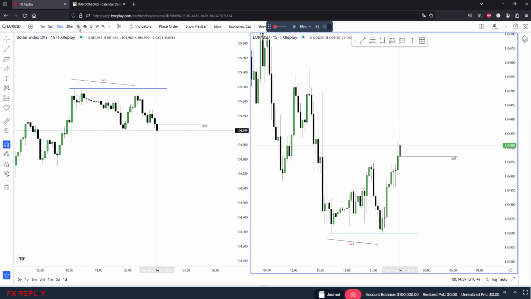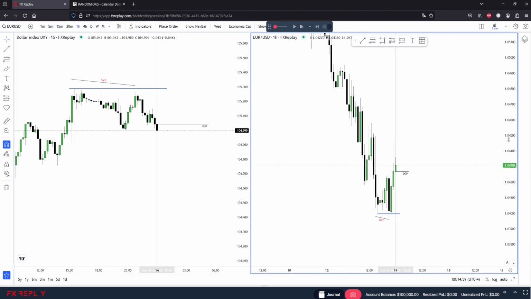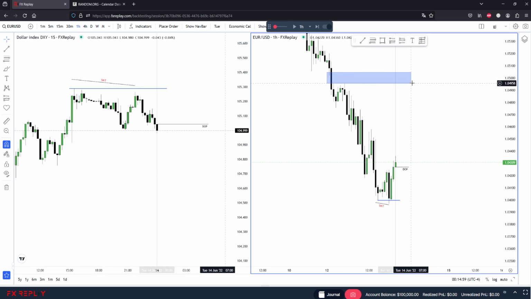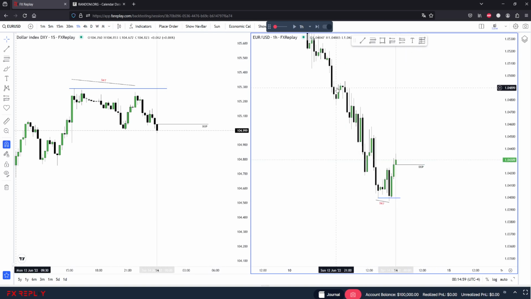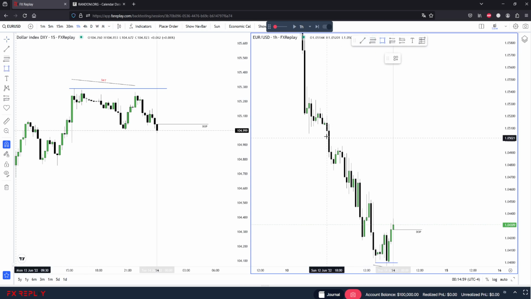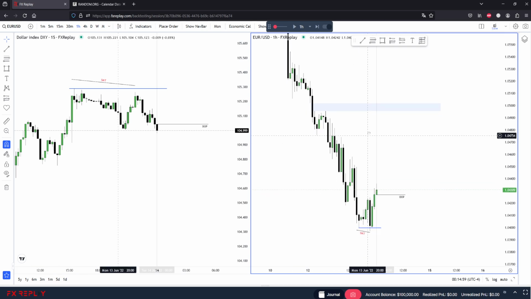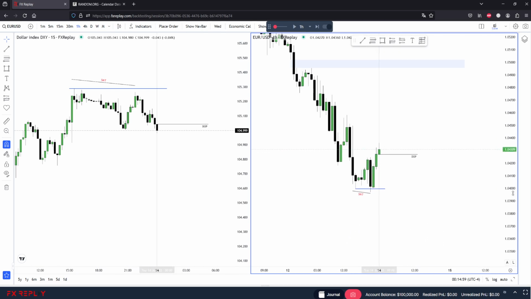Is there a 1 hour fair value gap which we can target? I mean, there is one over here. So I would say we can still target that. We want to buy below daily opening price, 12 a.m. EST. We're going to aim for this gap here. Right, relative equal highs here as well. So that's a nice draw on liquidity actually.